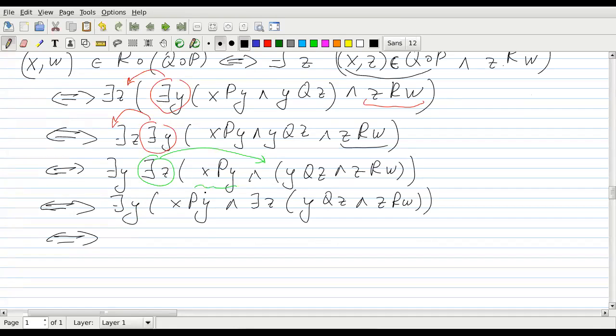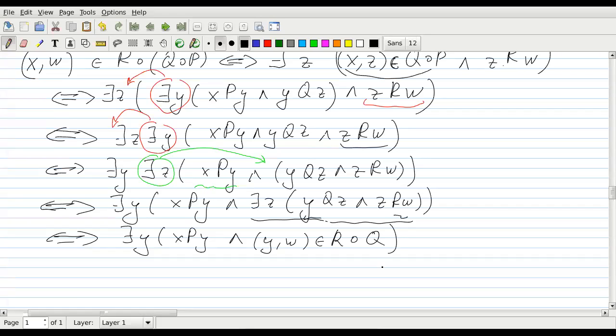Yes. And here I have just the statement that says that there is a two arrow path from Y to W, via some Z. Y, W belongs to this one.